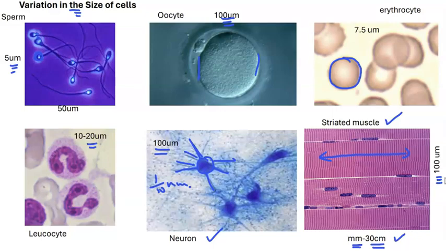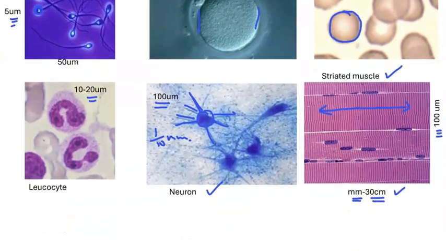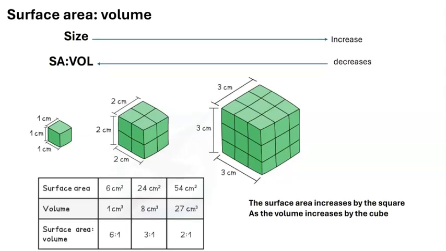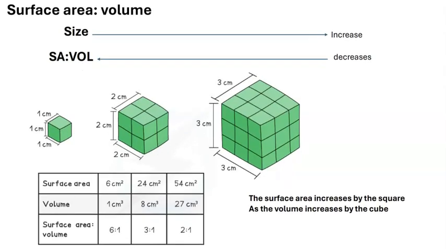So incredibly narrow, a tenth of a millimeter, and yet 30 centimeters long. So tremendous ranges in size, and there are consequences to changing size. We can summarize the consequence by saying that as we increase the size of a cell, the surface area to volume ratio decreases.